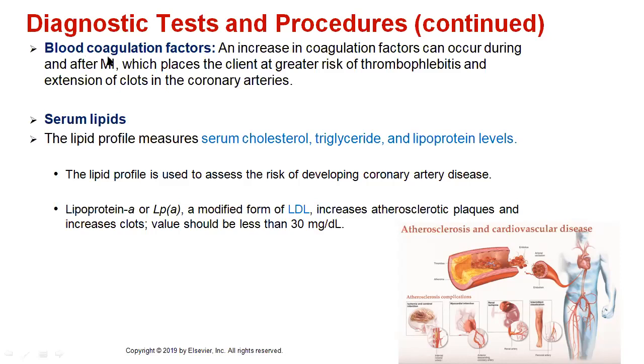So angina first. A patient comes to you and says, I have chest pain when I do something. Angina has three categories: stable, unstable, and variant angina.